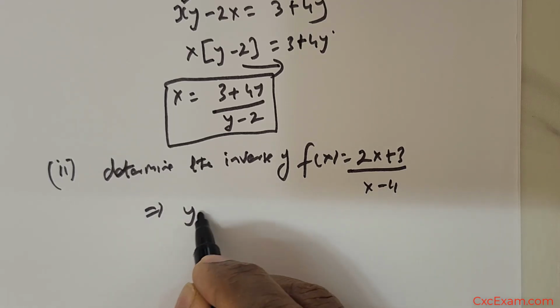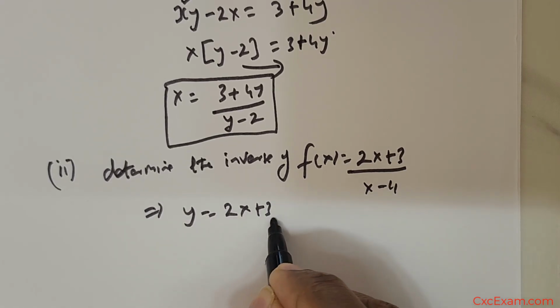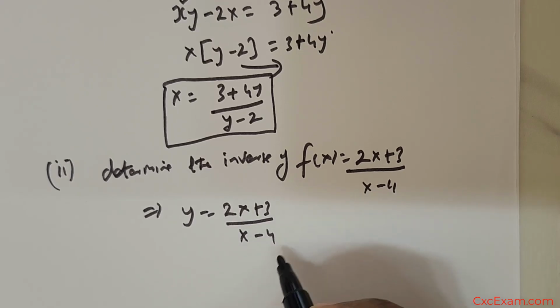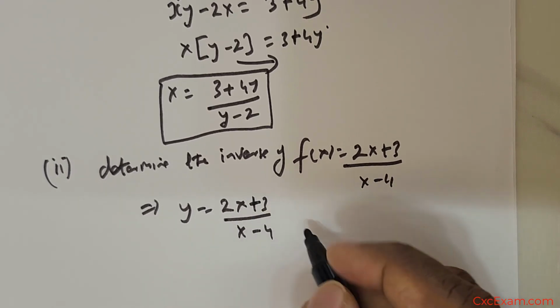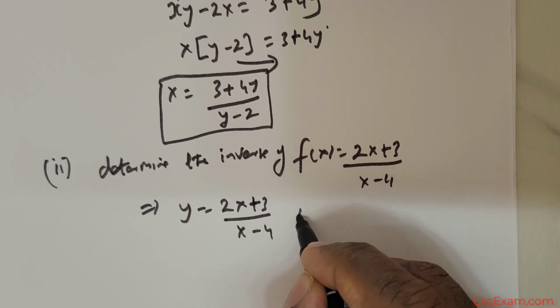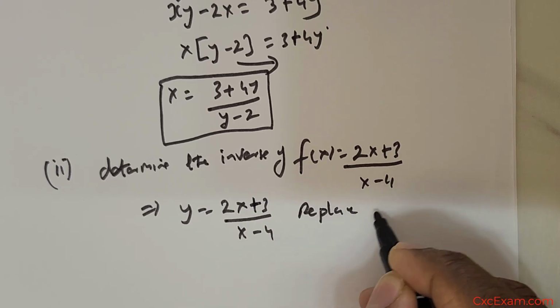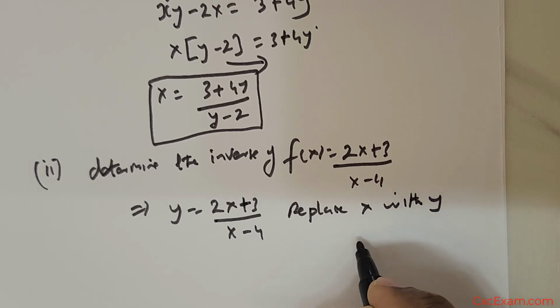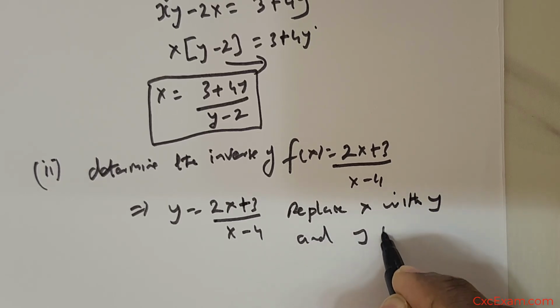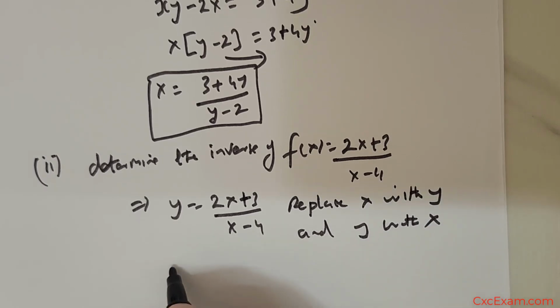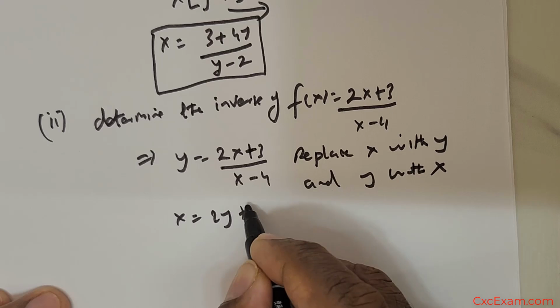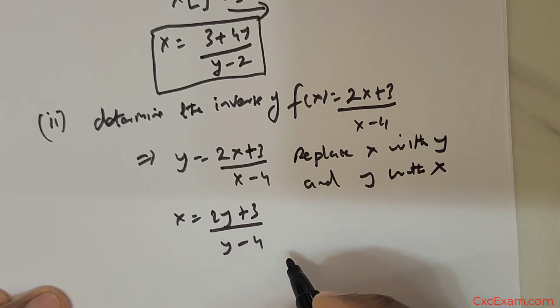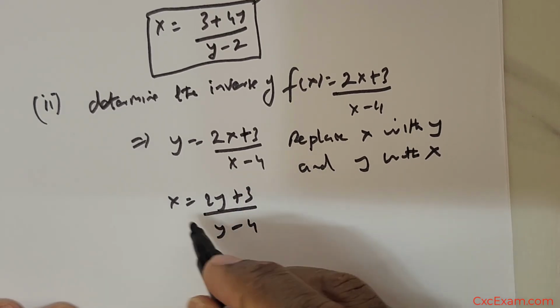Now this can be rewritten as y is equal to (2x + 3) divided by (x - 4), and what I would like to do is replace x with y and y with x. So this would become x is equal to (2y + 3) divided by (y - 4).